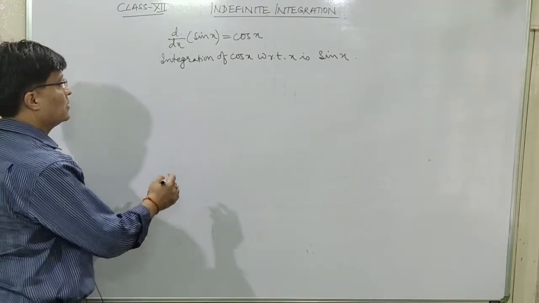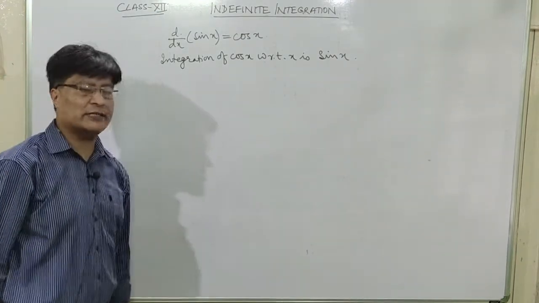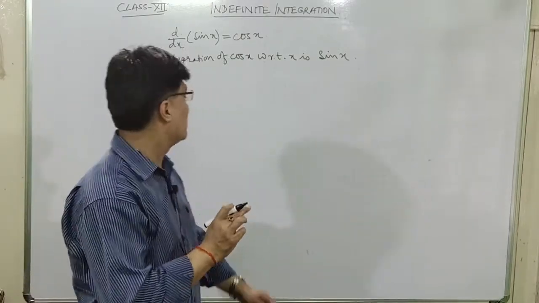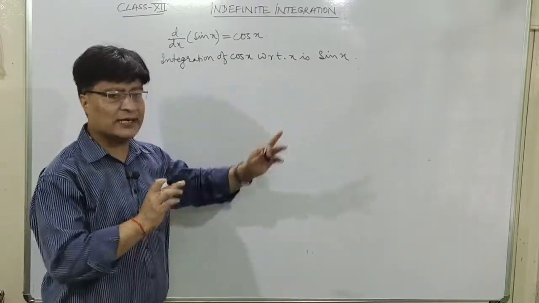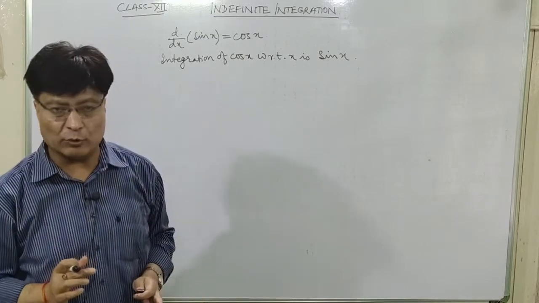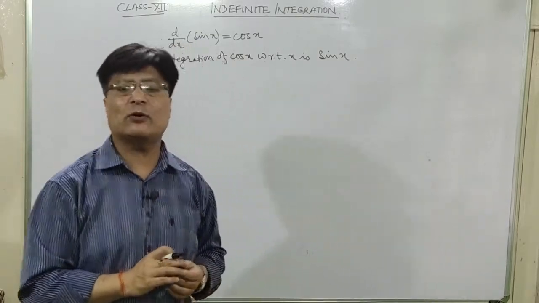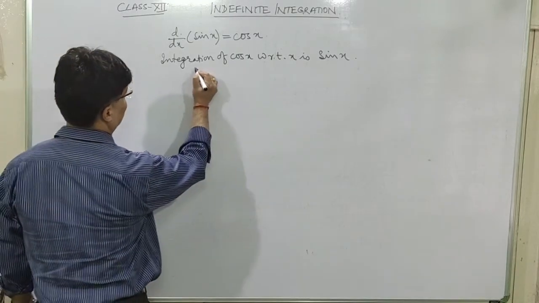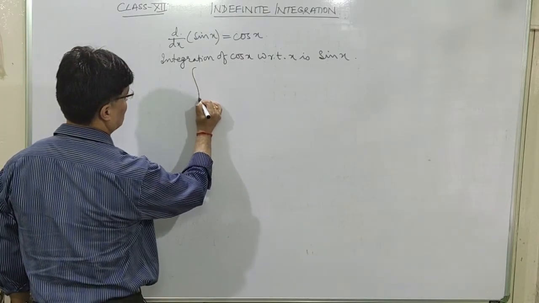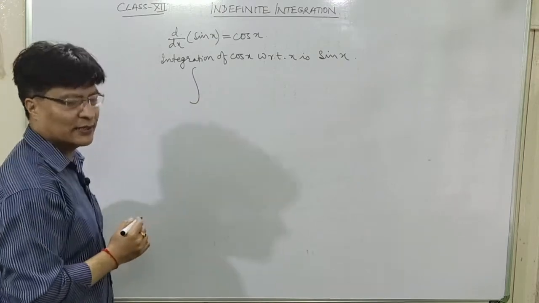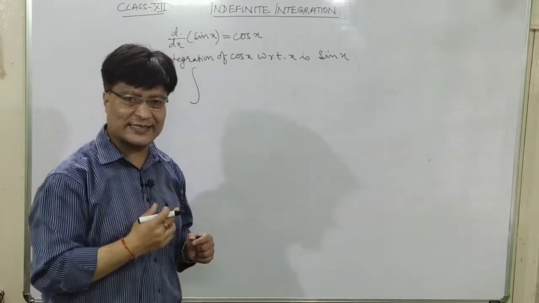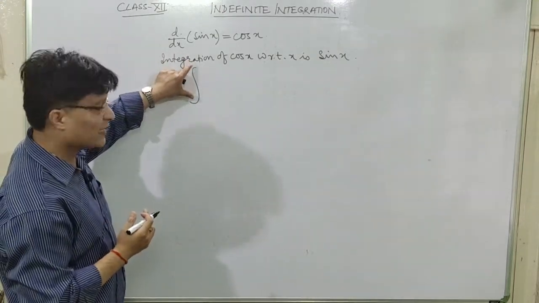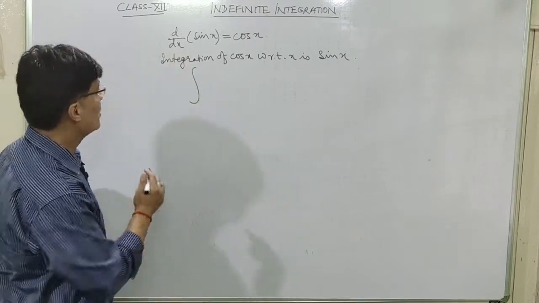Okay? This integration of cos x with respect to x is sin x, we do not write in a sentence like this. How do we write it in the mathematical way? Integration has a sign. This is the integration sign. That is an elongated s. This s is stretched to make this shape. Okay?